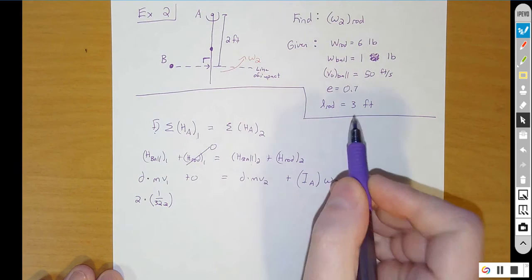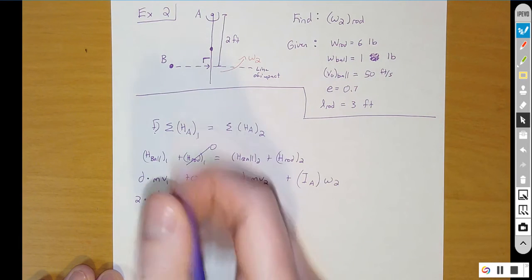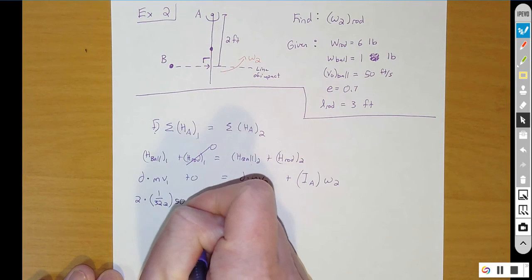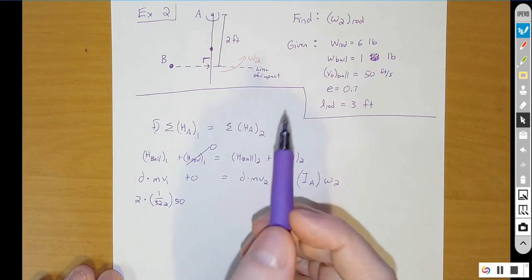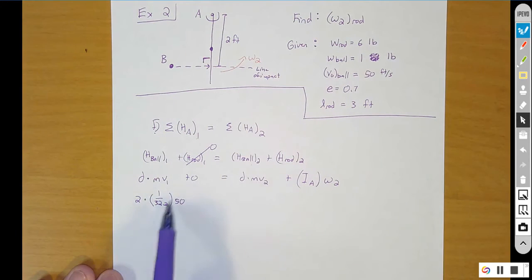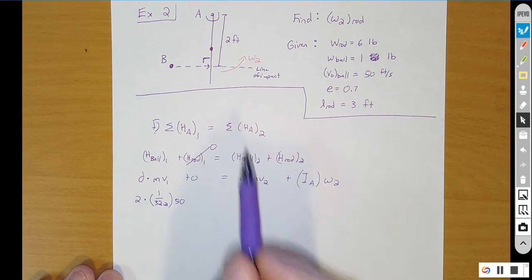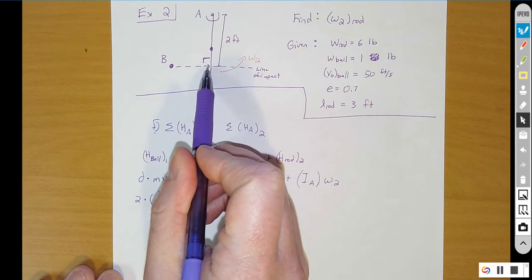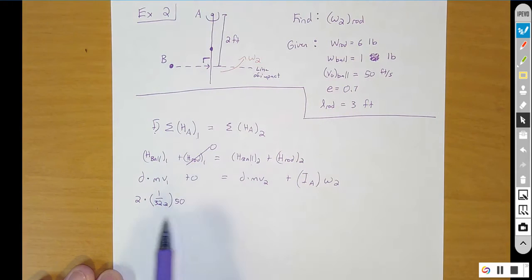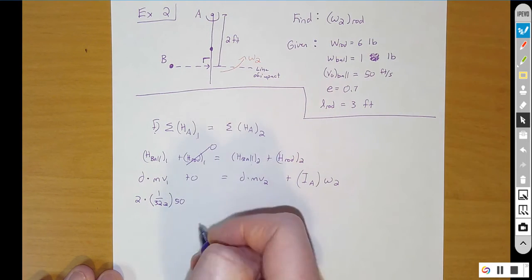Velocity 1 was given as 50 feet per second to the right. We do want to check that, which we didn't do last time in example 1: if I push on it this way, it will cause rotation this way, which it does, so we don't need to add any negative signs to fix the sense on this.